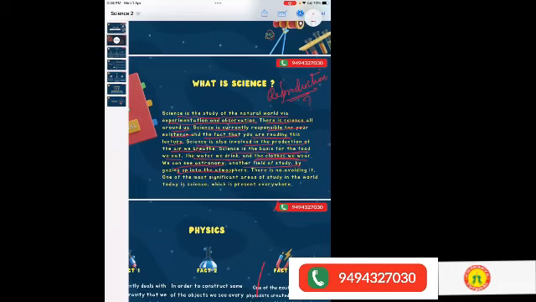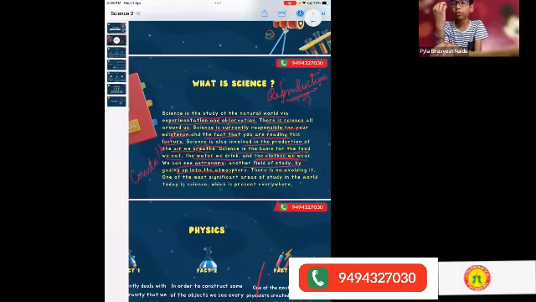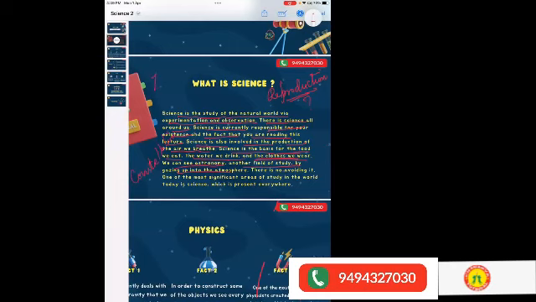When we talk about astronomy, it is about different constellations. Have you ever heard the word constellation? Yes, ma'am, it's a pattern of stars. Correct. So we have the zodiac signs, and that also includes science.